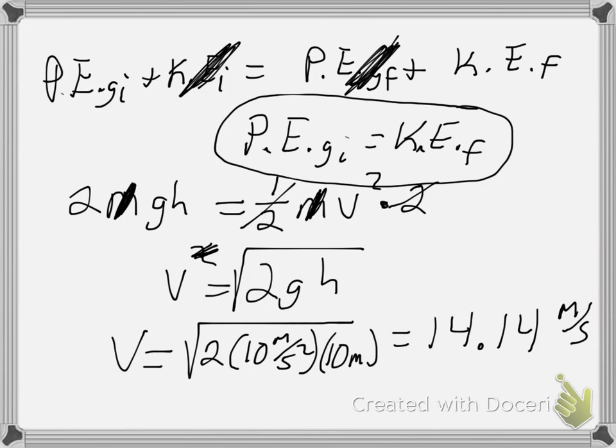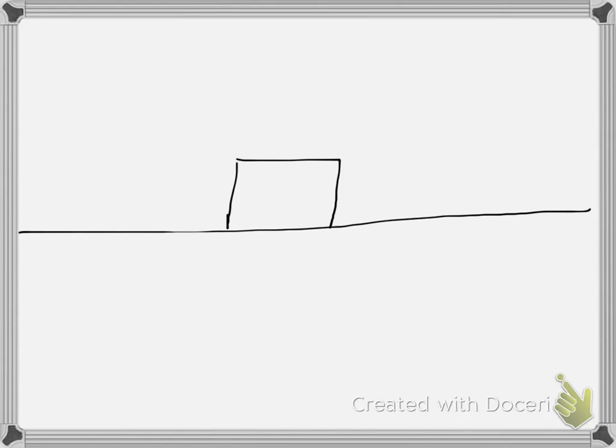Now I want to contrast that situation, maybe drive this point home a little bit more, with the situation where we have a block sitting on the table, and we pull with a force in this direction, but there's a frictional force in this direction.